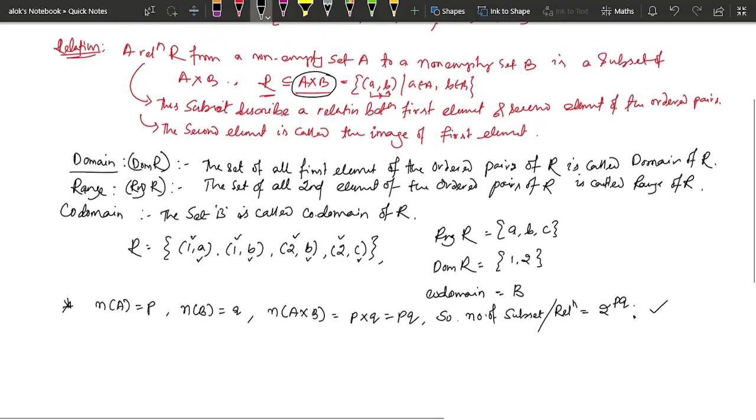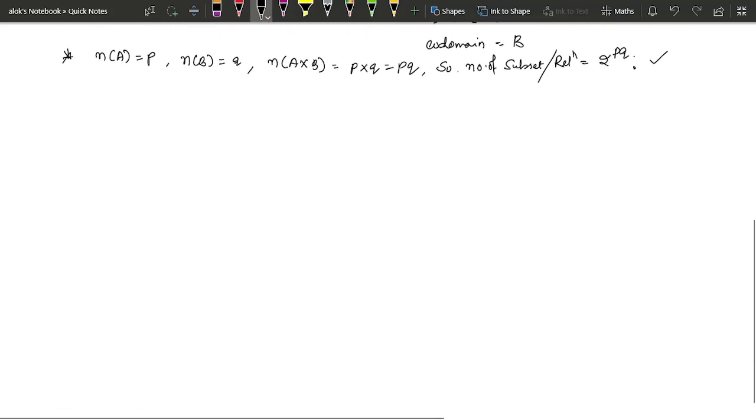Learn about the types of relation. So what is the empty relation?